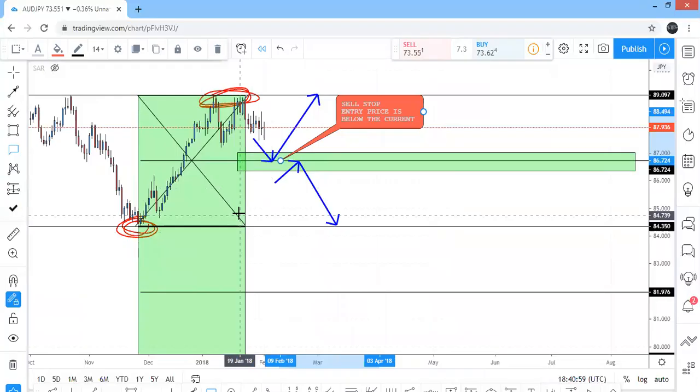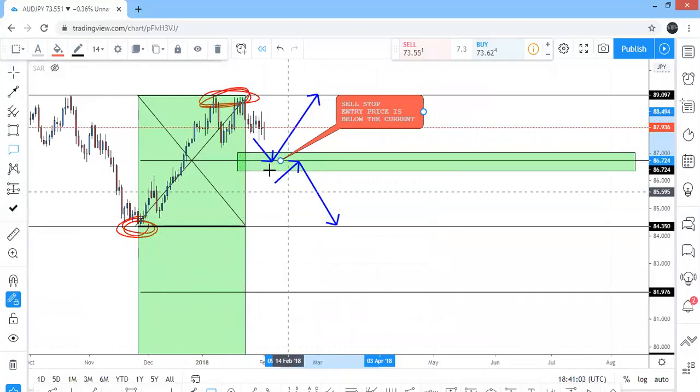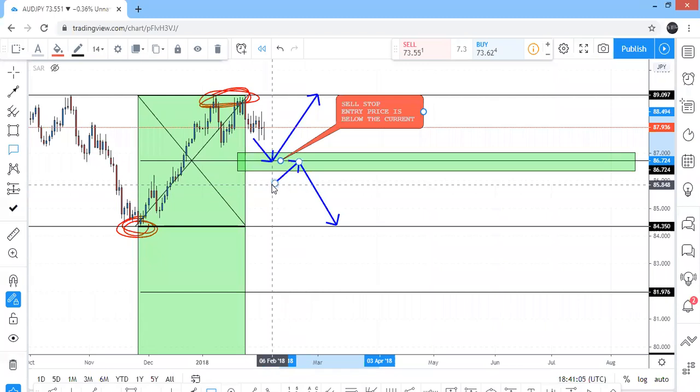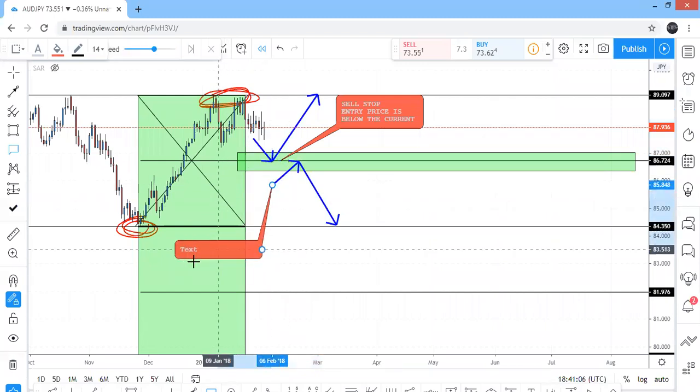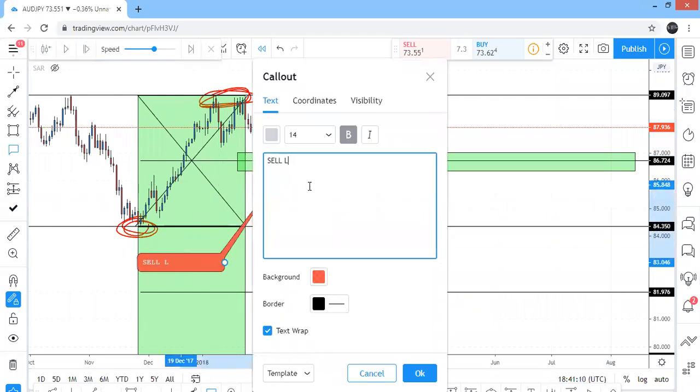Or you could say that you're not sure if you're willing to do a sell stop. So what you want to do is, if price is able to reach down here, you would then do a sell limit, which would mean that entry price is above current price.